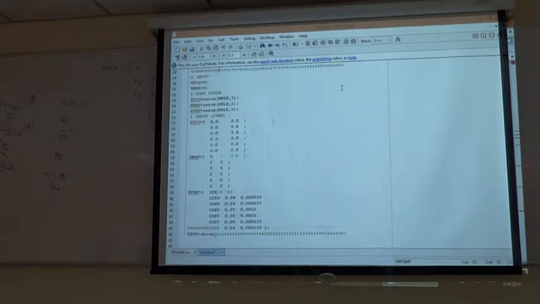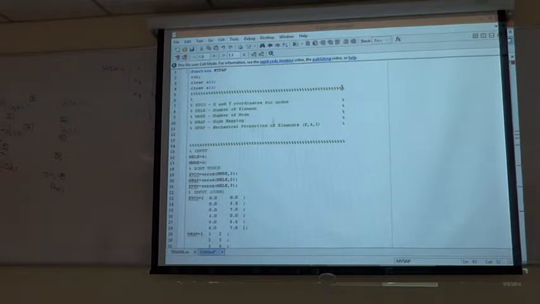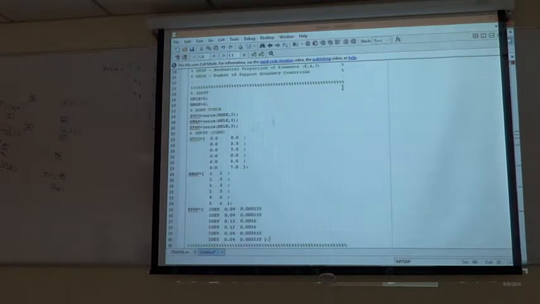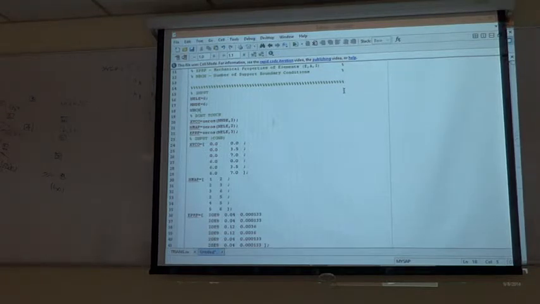Oh, let me add something. Number of support boundary conditions, NBCN.